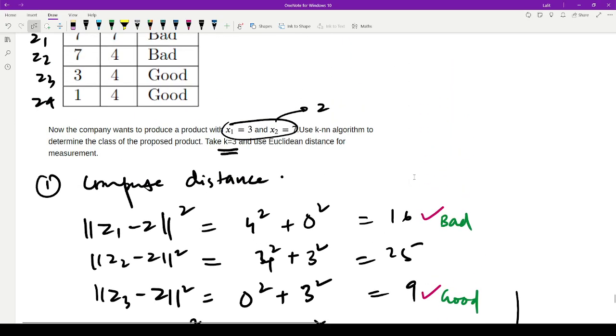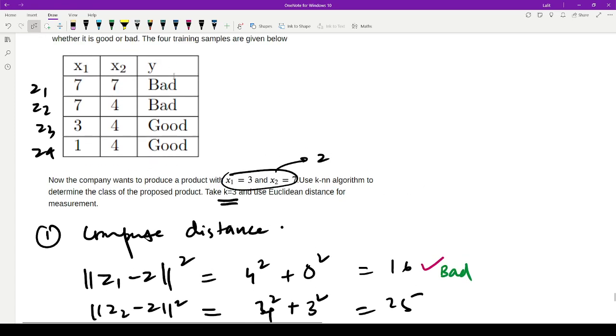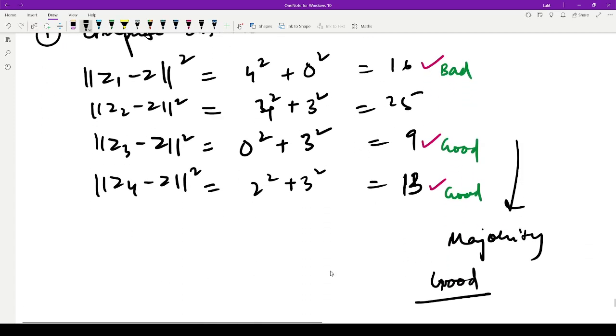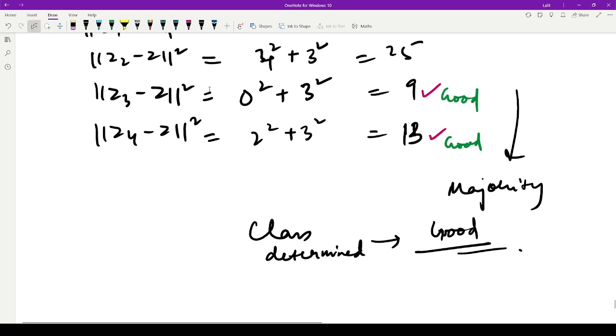So this point should be in the good class and not the bad class. The class determined is good. Is this part clear?